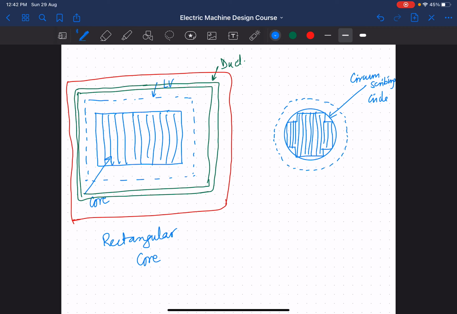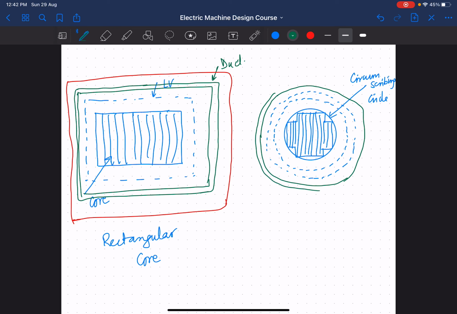All right, this is the LV winding on the outside. This is followed by the duct. This is the duct.